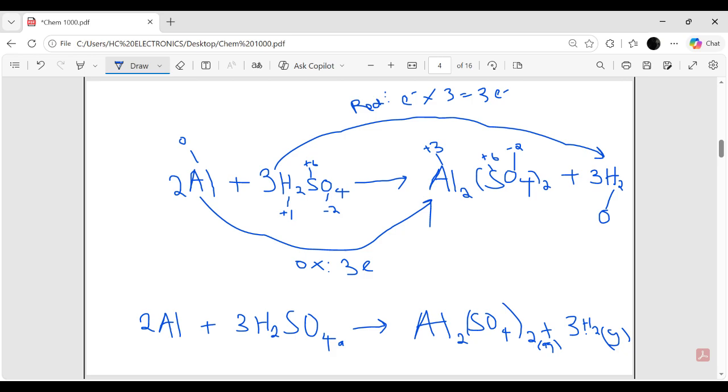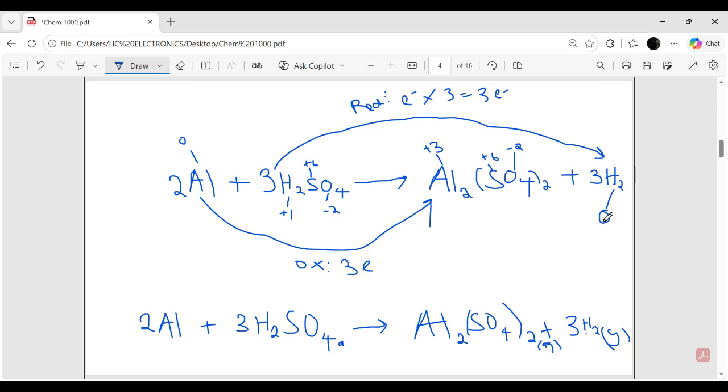For some of them, they will be equal. For example, sulfur is +6, and even on the product it's still +6. Oxygen is -2, and even here it was -2. Then hydrogen has changed, because it has increased in its oxidation state from +1 to what?